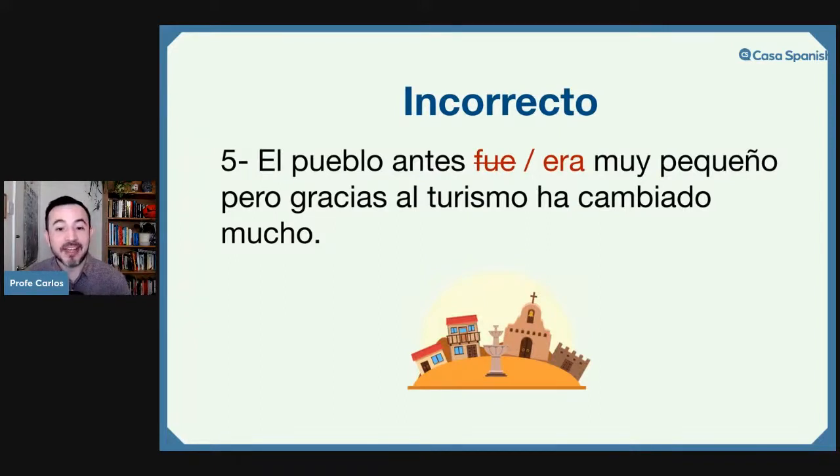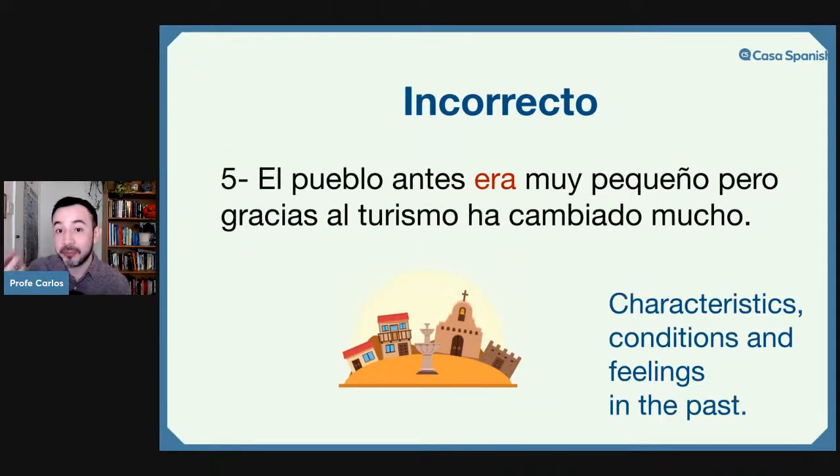El pueblo antes era muy pequeño, pero gracias al turismo ha cambiado mucho. And in this case, we're talking about characteristics, conditions, and feelings in the past. Specifically characteristics or conditions.